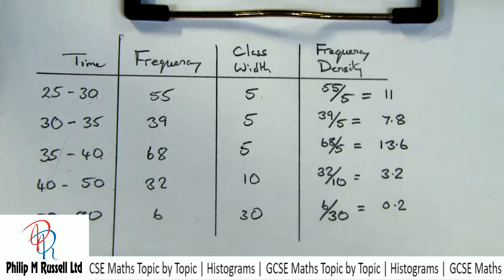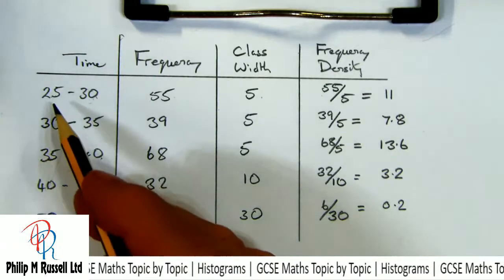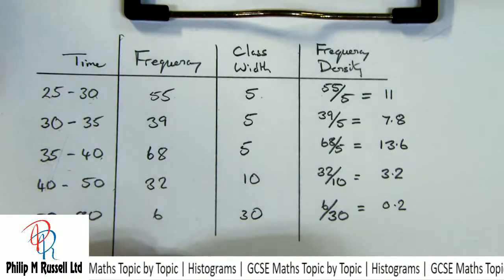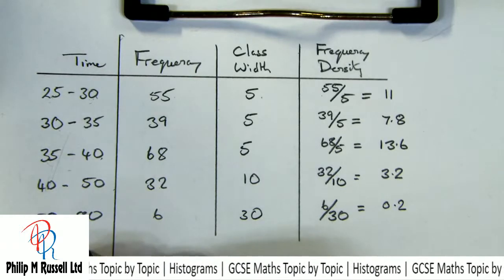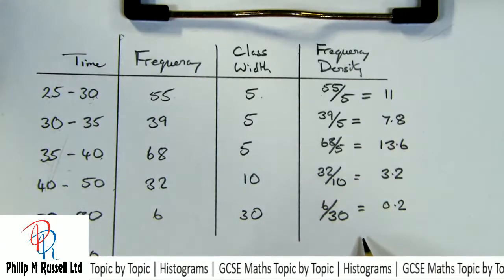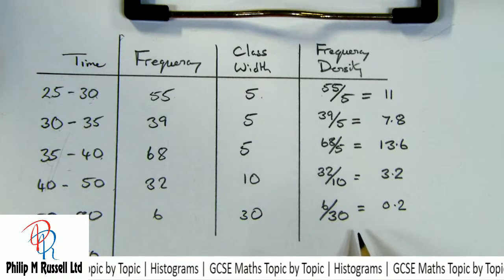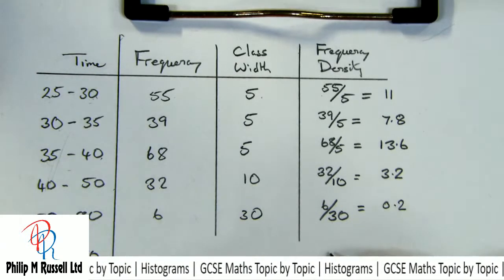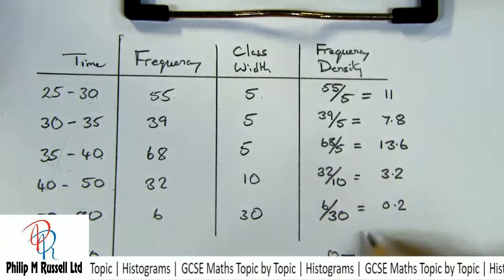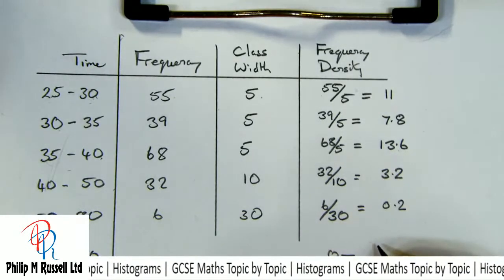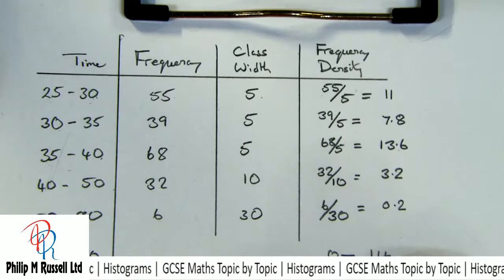So I'm going to go from 25 here to 80, and on this side we're going to put in the frequency density, and that's going to go from 0, because it's 0.2, up to probably about 14.